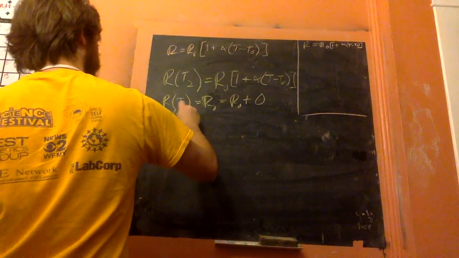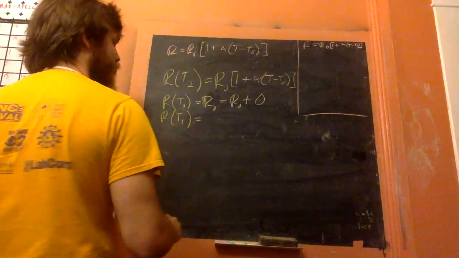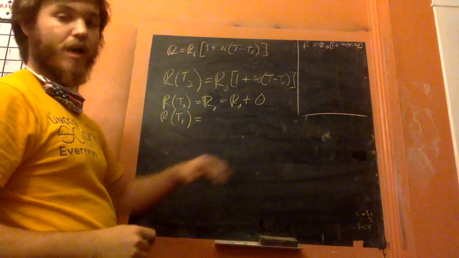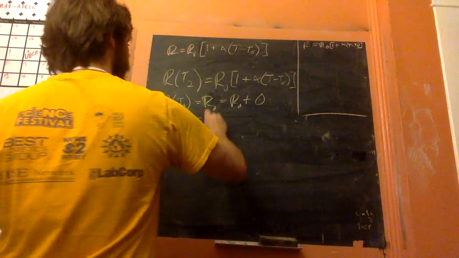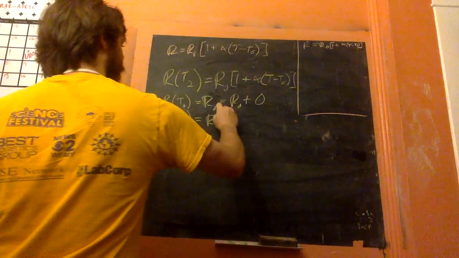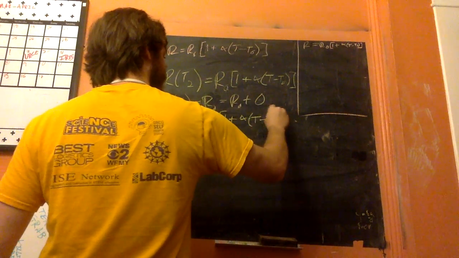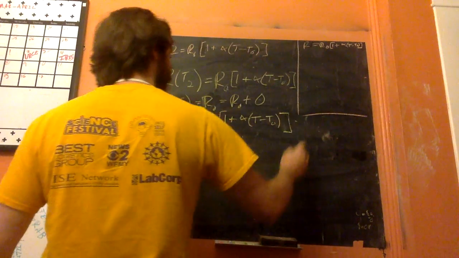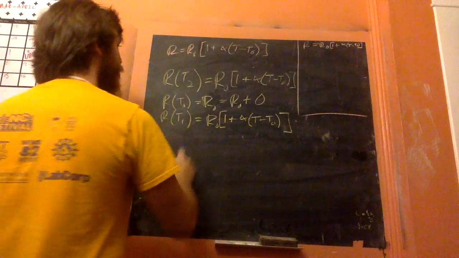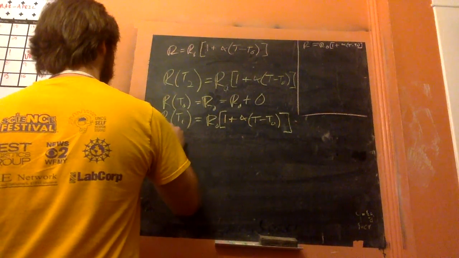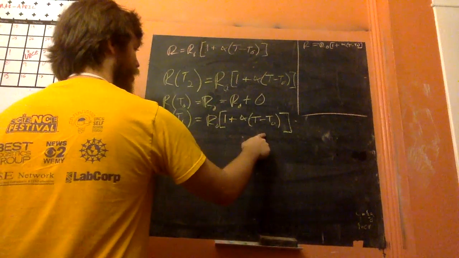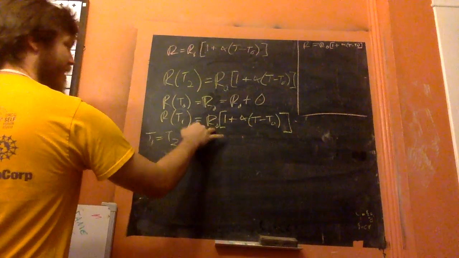R of T1 we need to solve for in terms of R0, which is equal to R0 times 1 plus alpha times T minus T0. Now here is the key. For T1, which is not equal to T2, we're solving for T1 to get R0.